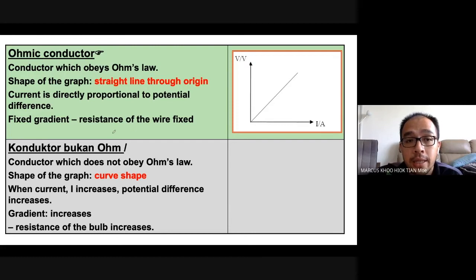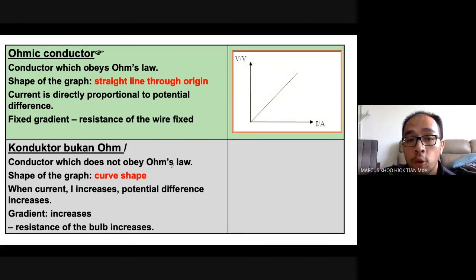Since the gradient is fixed, the resistance of the wire is also a fixed value. Its resistance does not change. And that is what makes it an ohmic conductor. An ohmic conductor is a conductor where the resistance is fixed, as opposed to a non-ohmic conductor.